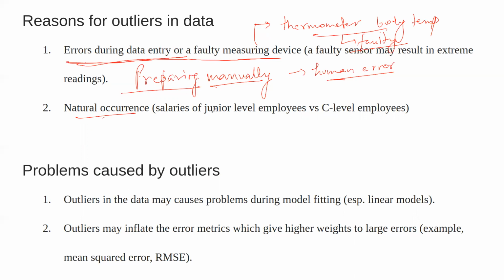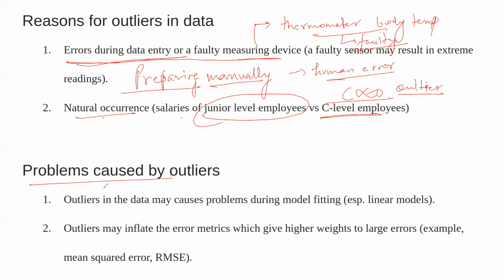For example, if we look at the salary of a junior level employee versus a C level or CXO level employee, that CXO's salary can be considered an outlier because most of the company's salaries would not be even close to it. Sadly, not close to it.